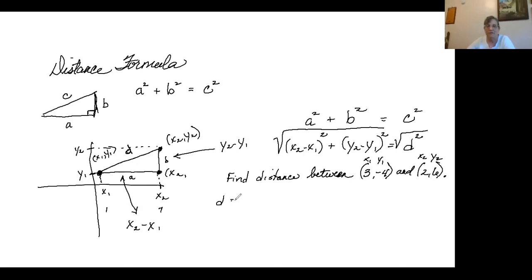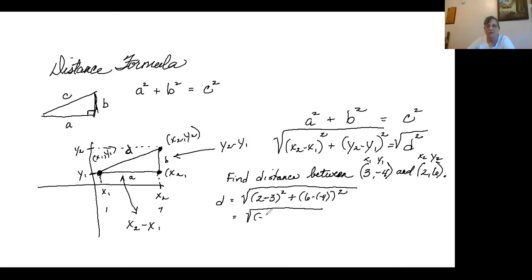And I would say the distance is going to be the great big humongous square root of, subtract the x values, so 2 minus 3, and square that, plus 6 minus negative 4, and square that.